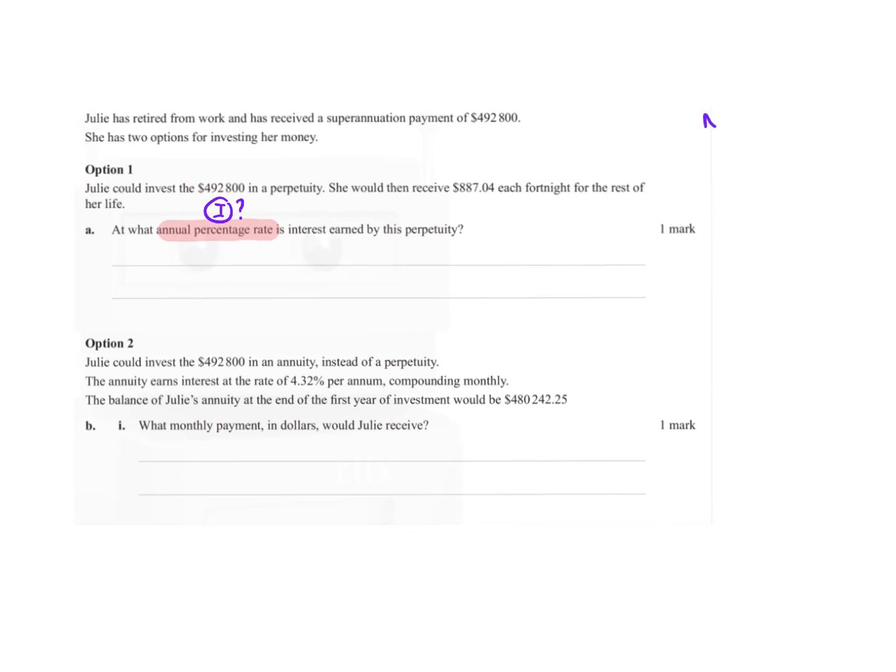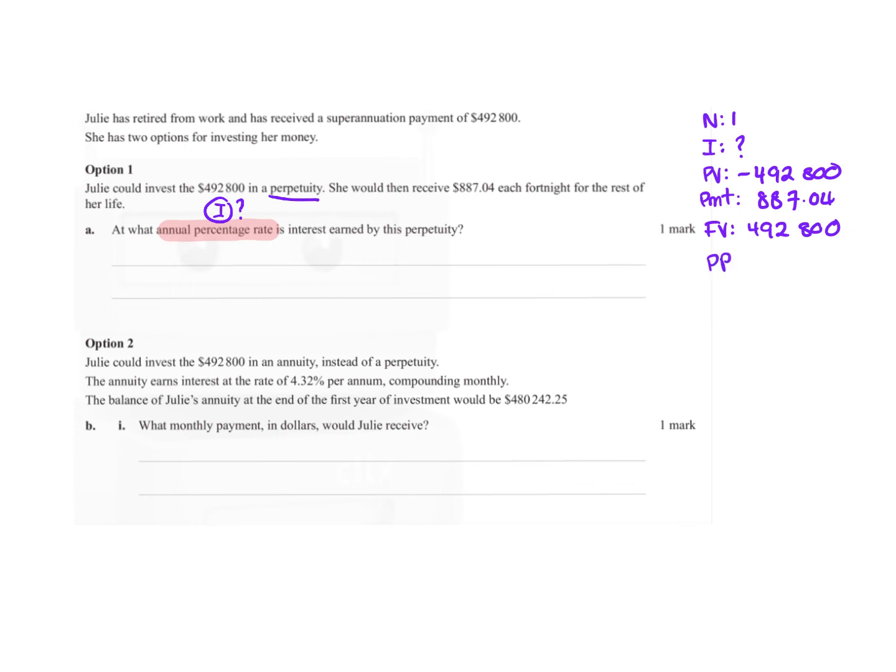So if we did it over here, remember in a perpetuity, we say N is 1. So the interest rate is my question. PV is what I'm investing, and it should be negative $492,800. The payment is going to be positive, and we've got 887.04. FV is always the PV, but positive, so 492,800, because they remain the same.